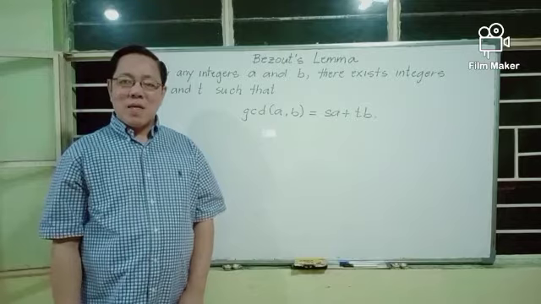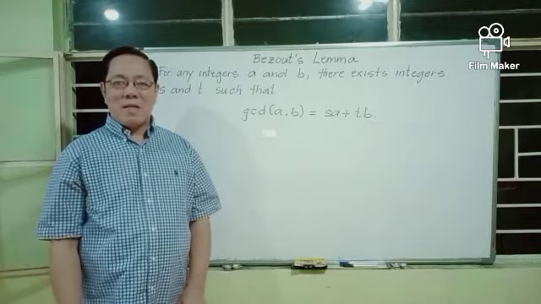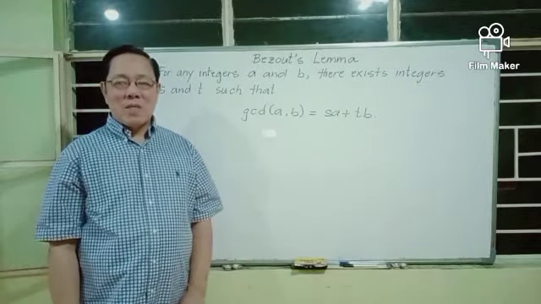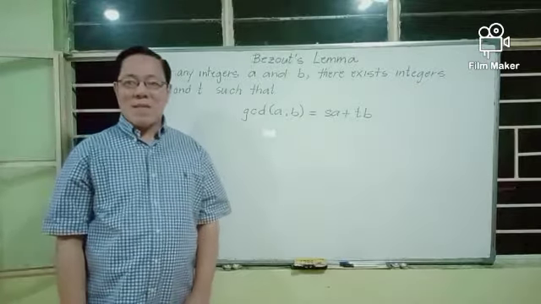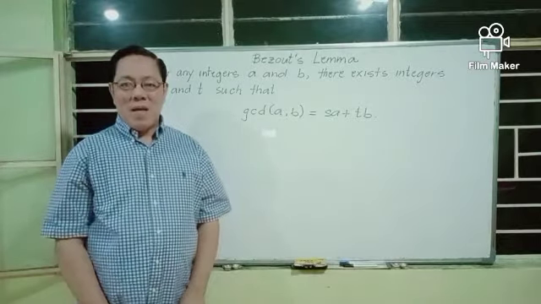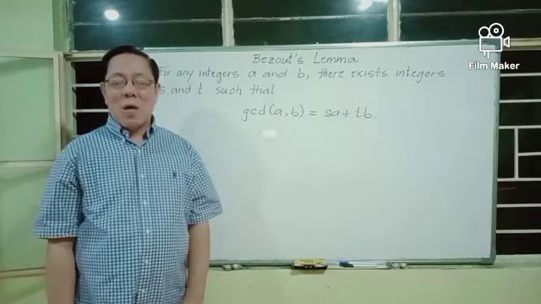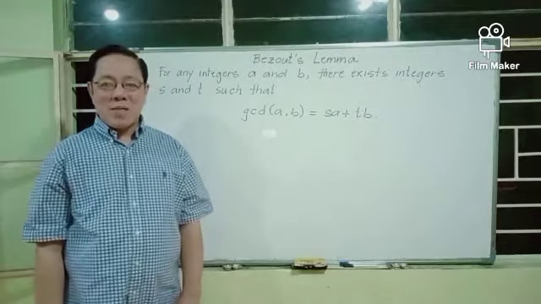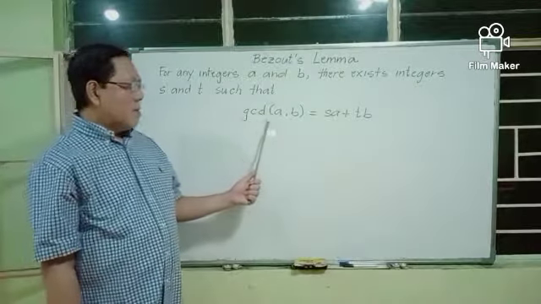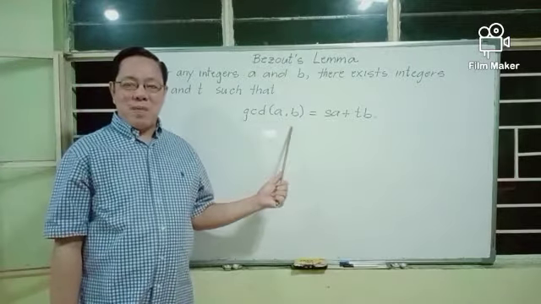Bezout's lemma is an existence lemma, which means that this lemma does not give us a way of finding the greatest common divisor of the integers a and b.